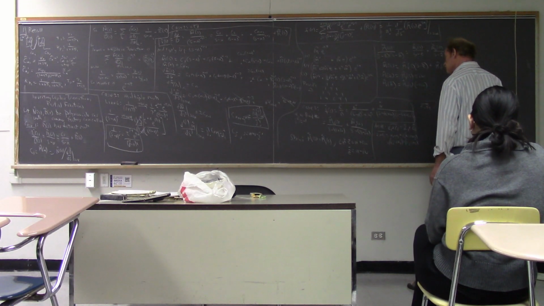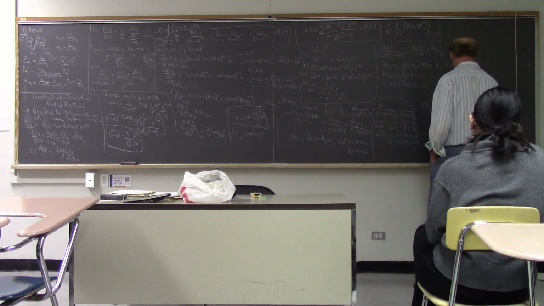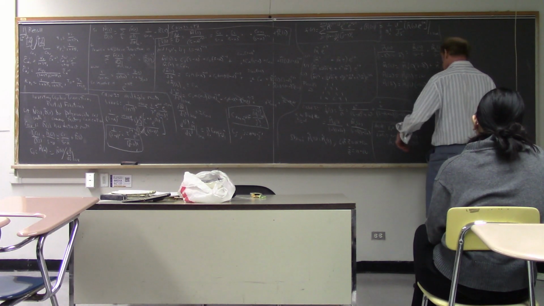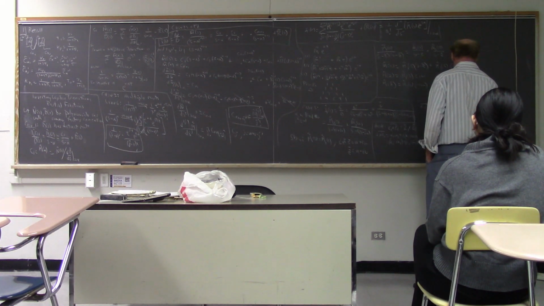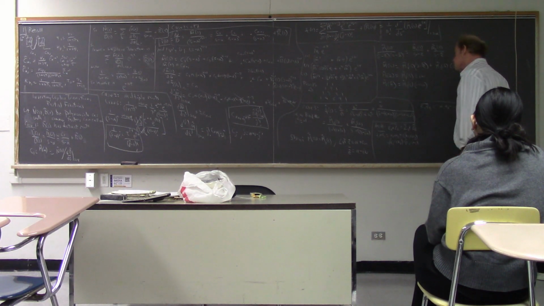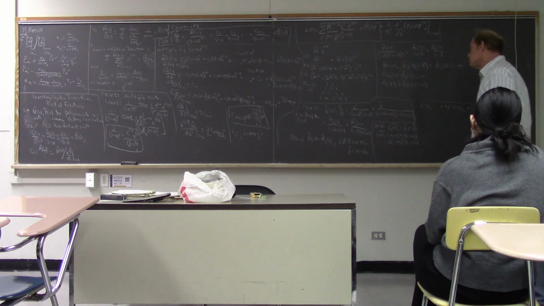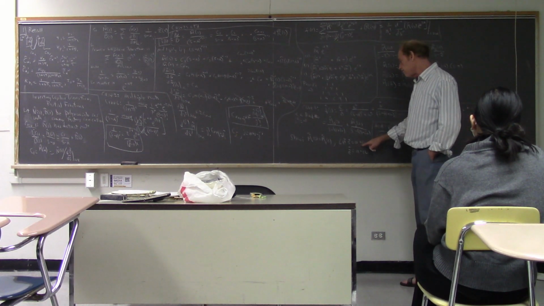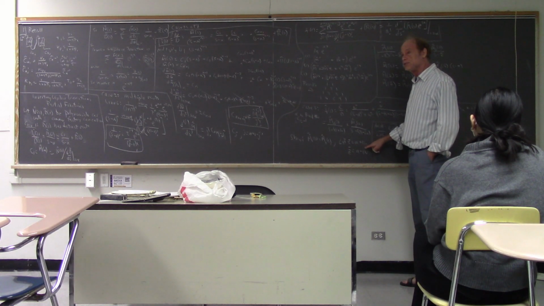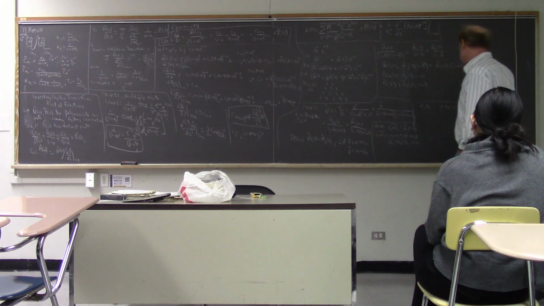And then I've got plus i times alpha 1 omega 2 plus alpha 2 omega 1. That's just Z1 Z2. I took alpha 1 plus i omega 1 times alpha 2 plus i omega 2, and I just got this.